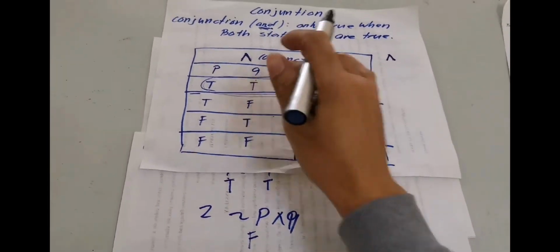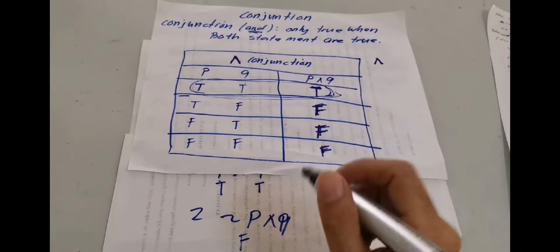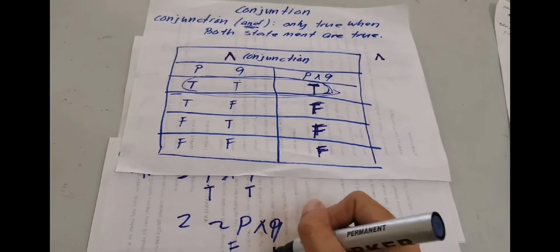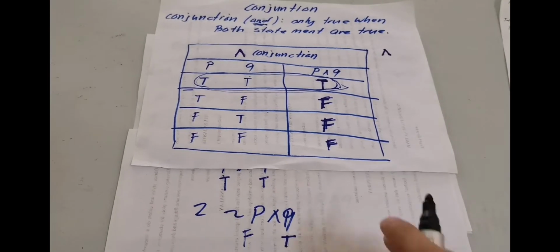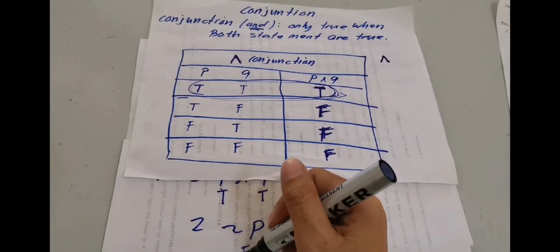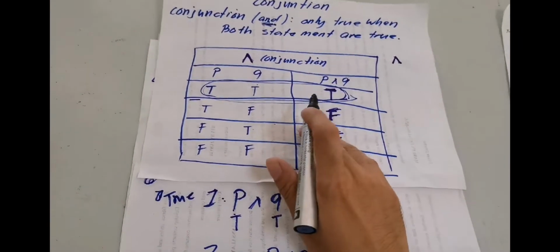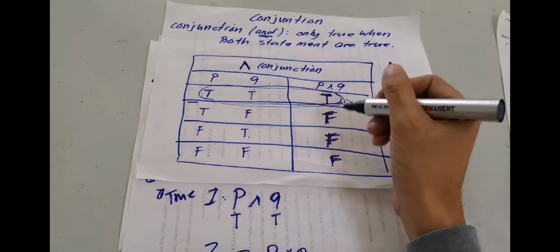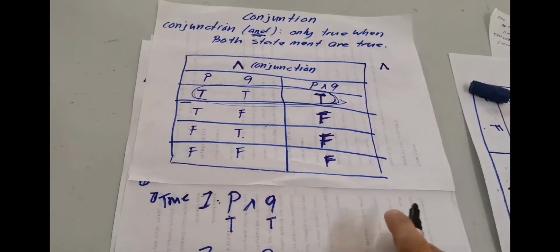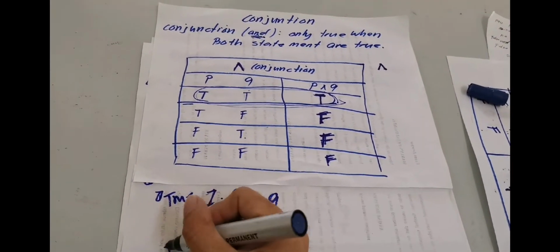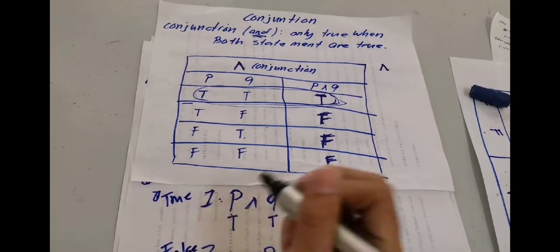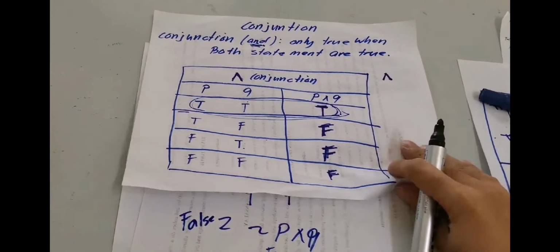And Q, kung tanawon natin diri ang Q, true ni siya kay di man siya not. So false and true, tanaw na to dito sa conjunction table, false and true equals false. So therefore the problem number 2 is false. So ingana siya.